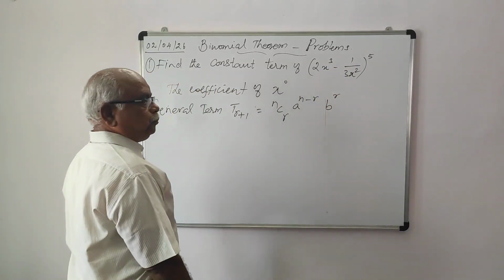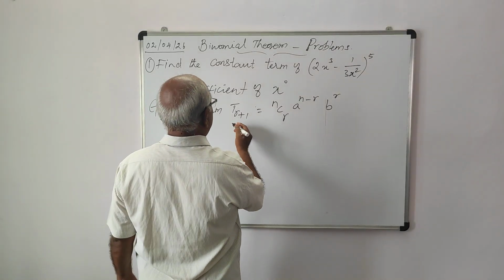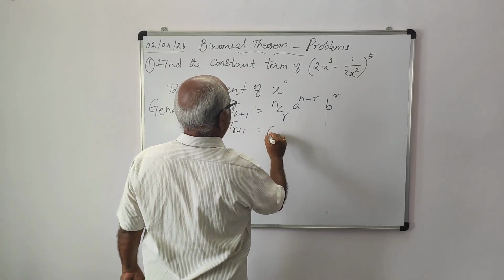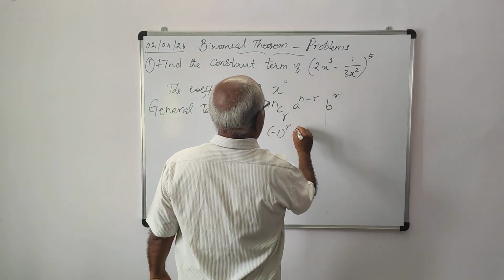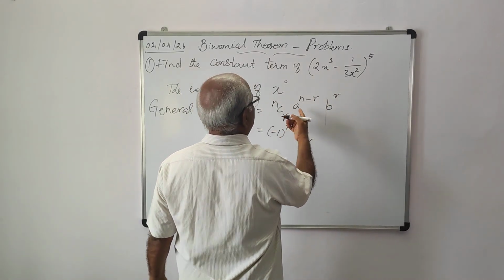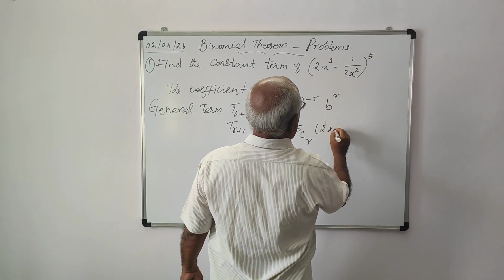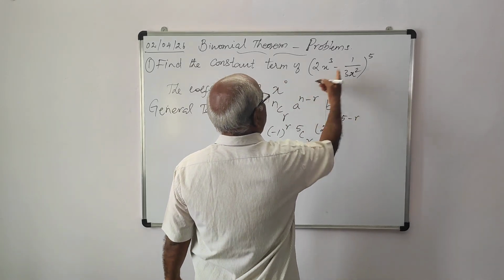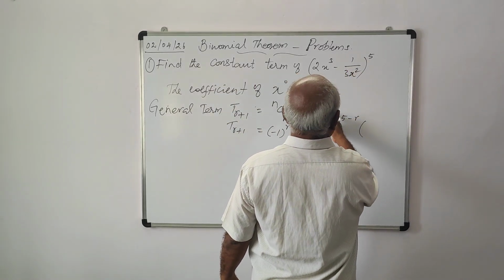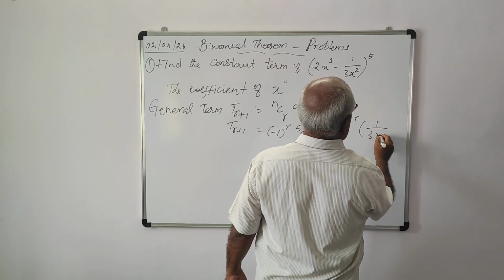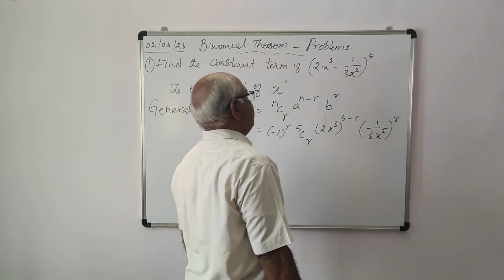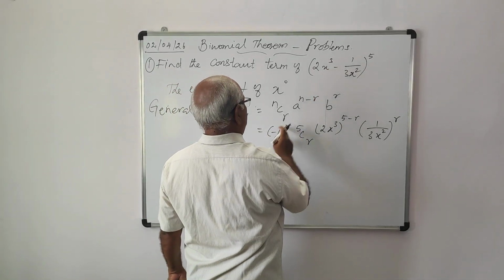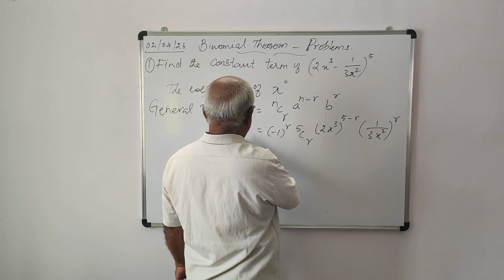So the general term T r plus 1 equal to, since the minus is there, minus 1 power r, 5Cr, a is 2x cube power n minus r, that means 5 minus r, n is 5, into b power r, b is 1 by 3x square the whole power r. Because minus is there, minus 1 power r exists in the general term.